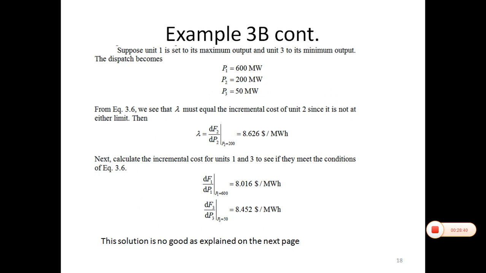Now from this we have to calculate the incremental cost for units 1 and 3, and see whether the conditions are met or not. So we take the incremental cost df1 over dp1, and we get 8.016 rupees per megawatt hour. And the incremental fuel cost of unit 3, df3 by dp3, is 452 rupees per megawatt hour.